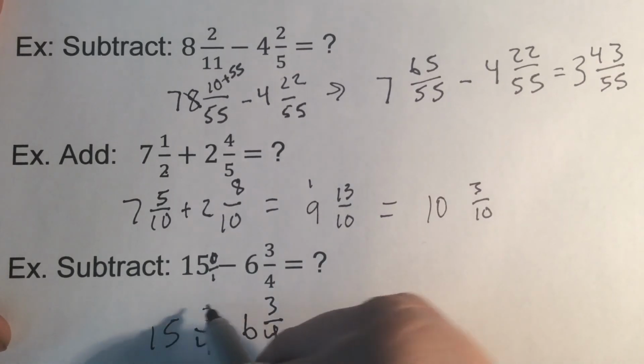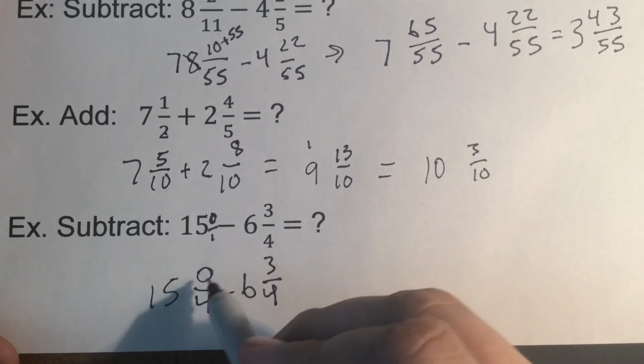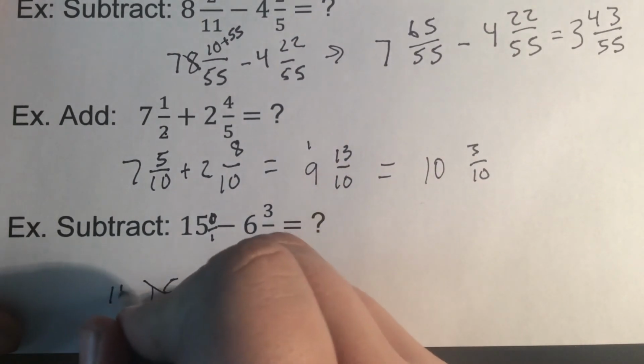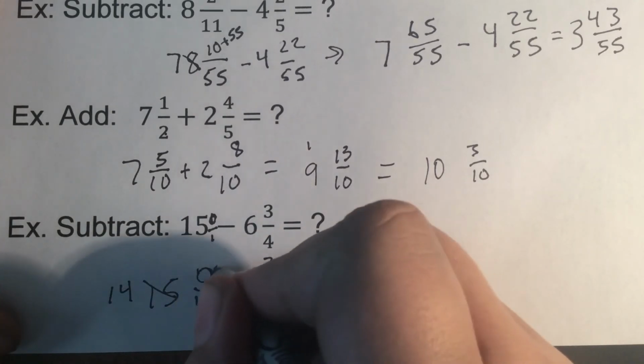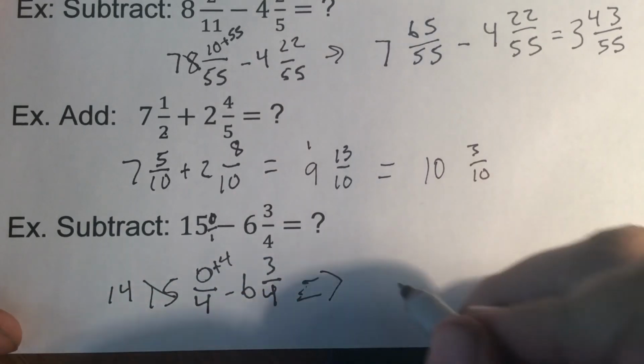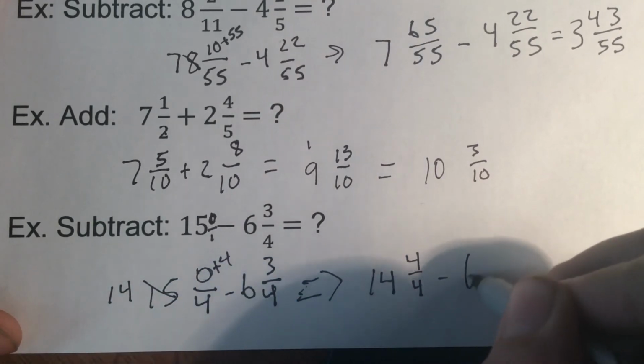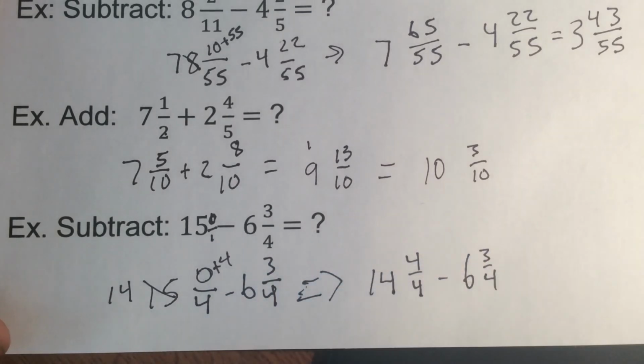So right now we have nothing with that fraction though. So we can't take 3 away from nothing, so we have to borrow and make this 14. We're really adding 4 to that, so our new set here would be 14 and 4/4 minus 6 and 3/4. So now we have enough.